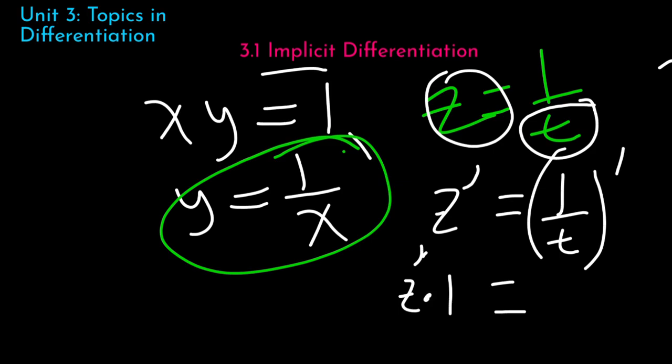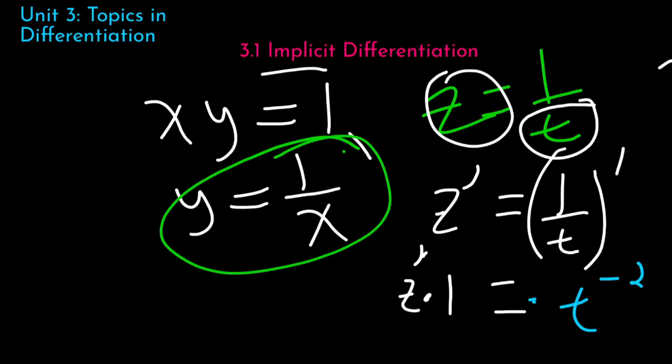And then we're going to take the derivative of this, which is t to the negative 2, negative t to the negative 2.